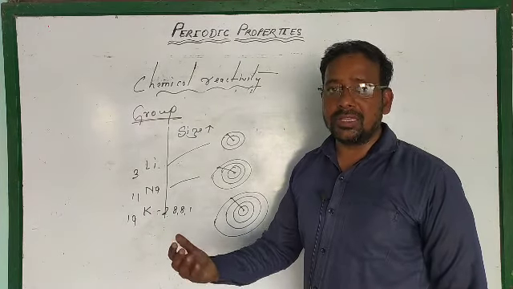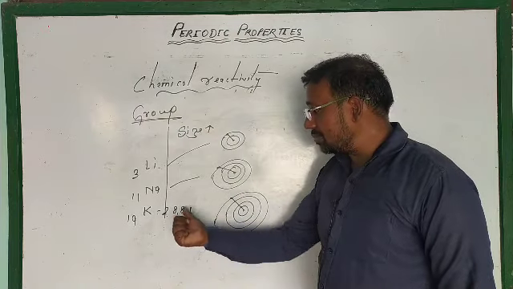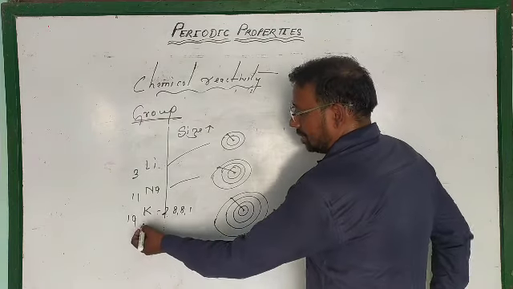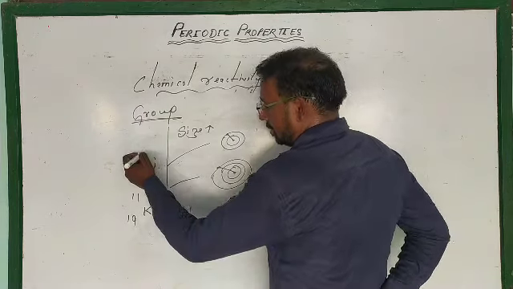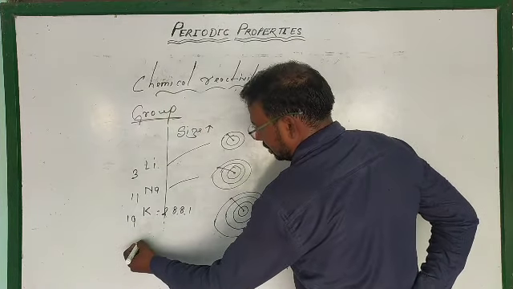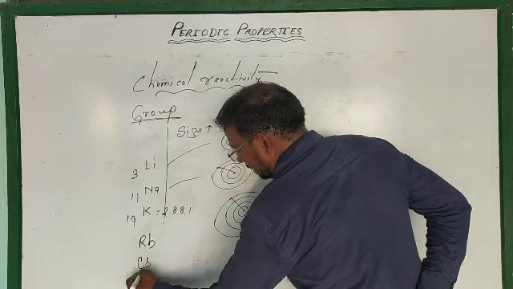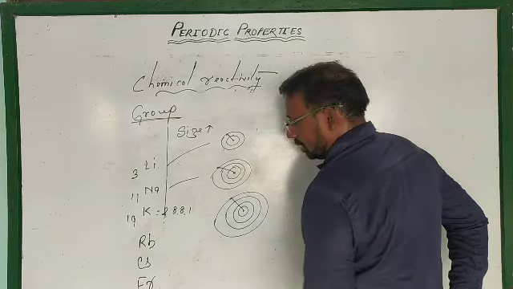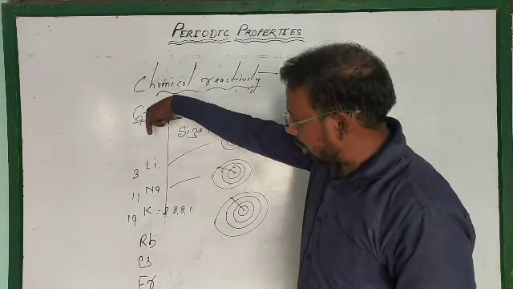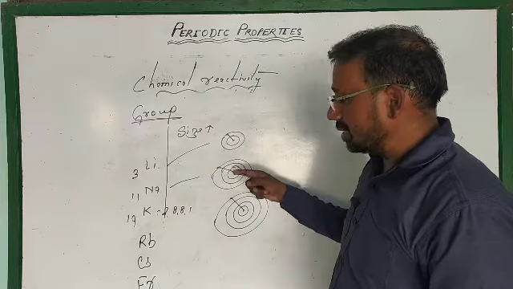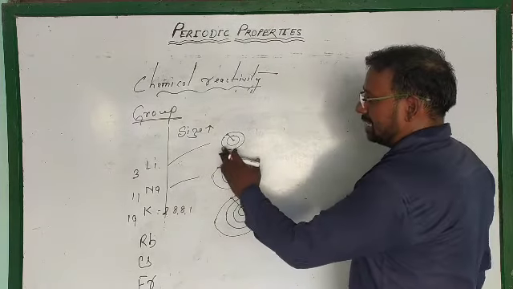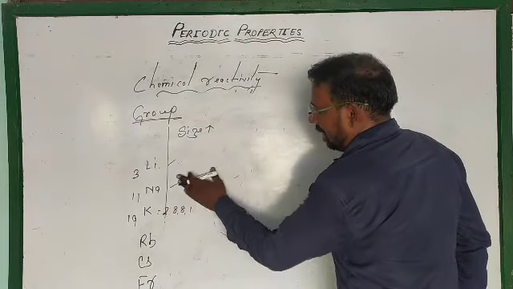Least attraction means potassium can lose its electron easily. Also rubidium, cesium and francium: if we move from top to bottom in the group, what happens? Size will increase, and when size increases, what will happen?